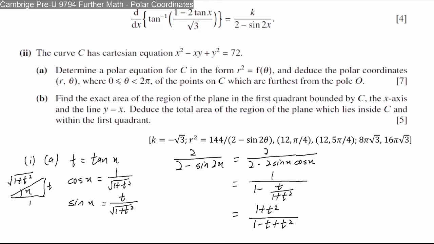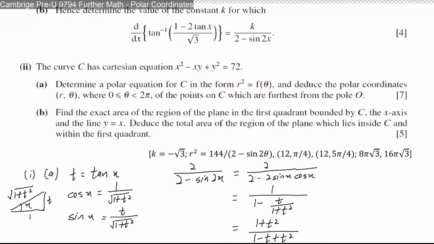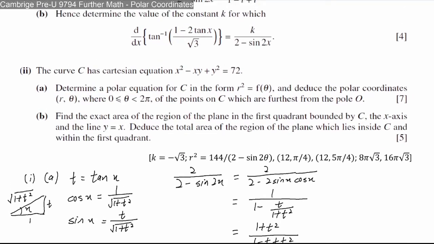Part B: hence determine the value of the constant k. When we differentiate this expression, it gives us a nice expression which is related to what we have proven earlier on.